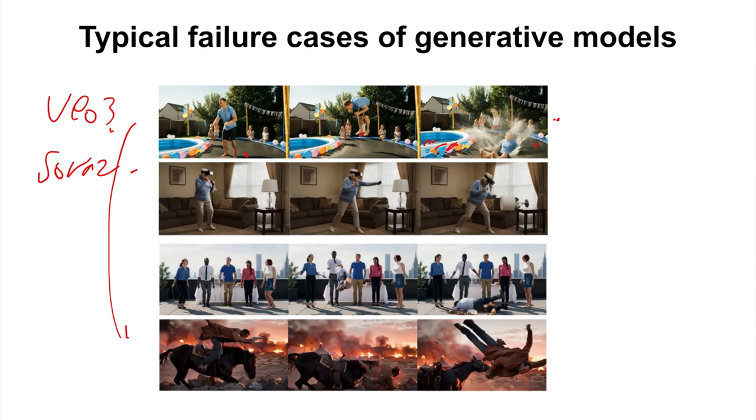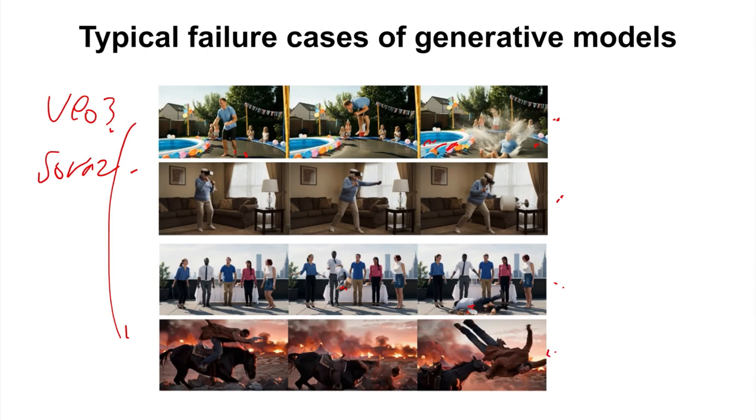And in this one, a woman is punching the air. It does not hit the light, but the light falls down as if she punched it. Or here, there are many people jumping together, but suddenly a new person comes out, and then the new person just falls down. That is, of course, a failure case of generative models.